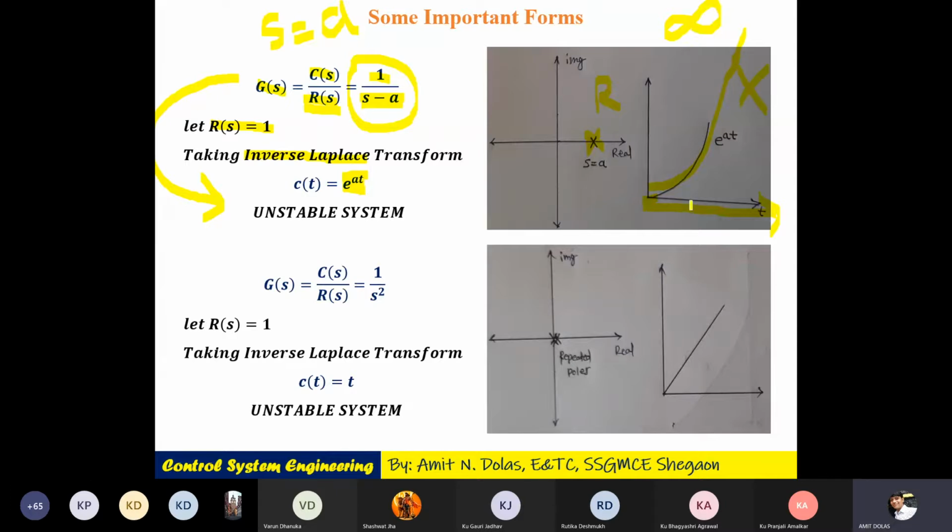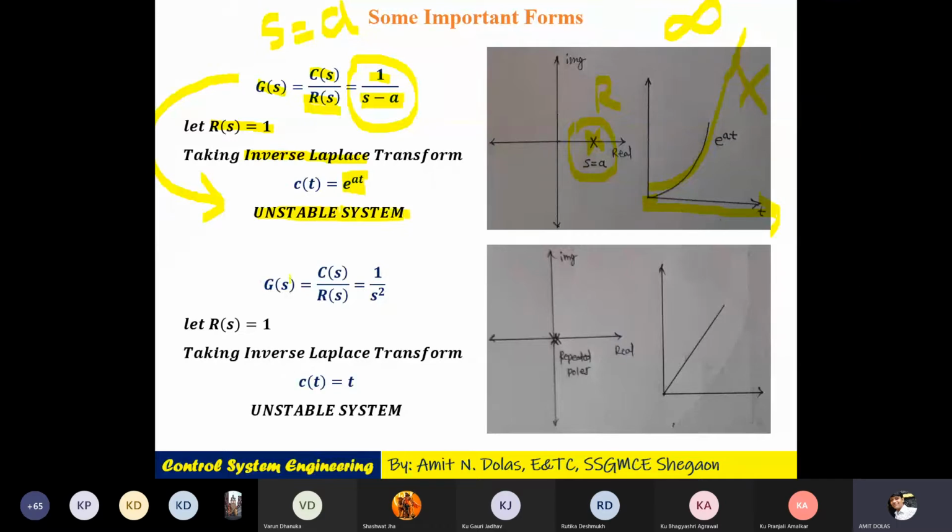So there is no need to check for integration. If the output is not bounded, then directly we can say the system is unstable. As I discussed earlier, the first PPT we saw, we can discuss it later on too, but intentionally I kept that at first. So with the pole on the right hand plane, the output is unbounded and the system is unstable.